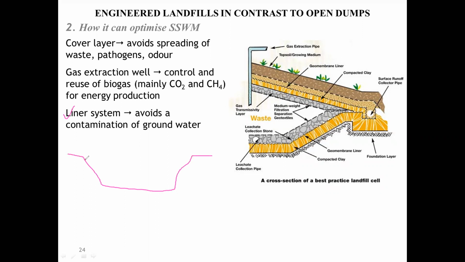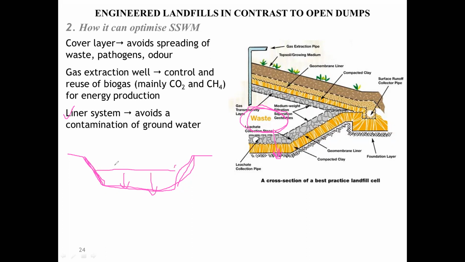These are the main components, because once we are going with the liner system, then only it is possible to make sure that the harmful liquids or chemicals generated during the process of decomposition are not going to be traveling or penetrating into the ground, because this doesn't happen in the case of your open dump, right?